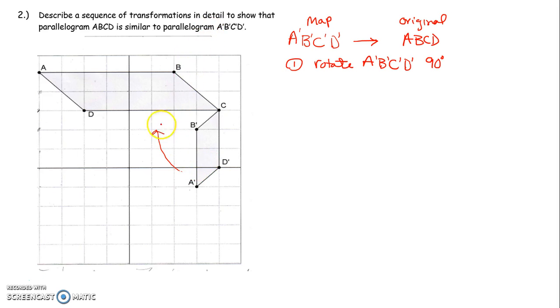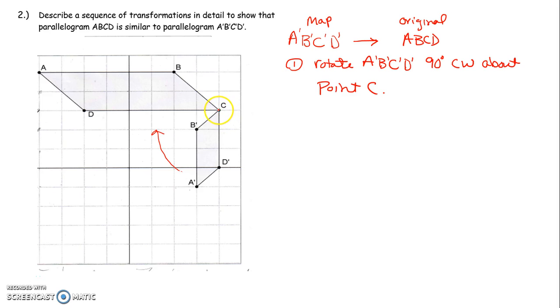You think about when you have a clock going, the hand of a clock goes around this way, so it's 90 degrees clockwise, and it's about point C. They want us to get real specific. So we're going to rotate this one 90 degrees clockwise about point C.